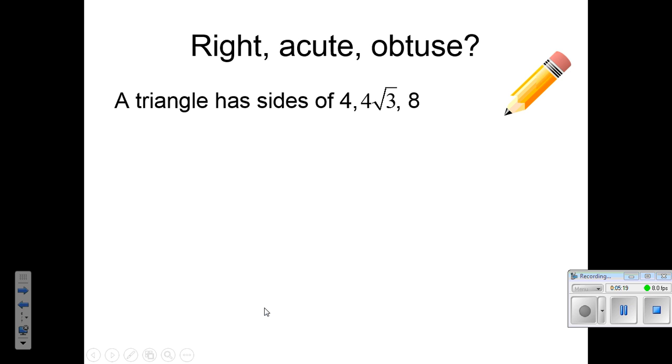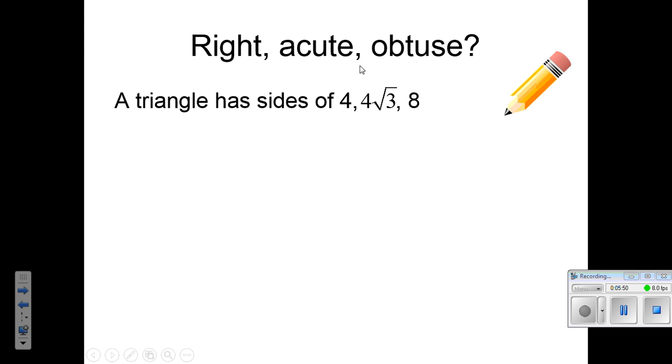I would have to figure out what 4 square roots of 3 would be, so I'd plug it into my calculator. 4 times the square root of 3, and I get 6.93. Well, that's less than 8, so this is going to be one of the legs, and this is going to be the other leg.